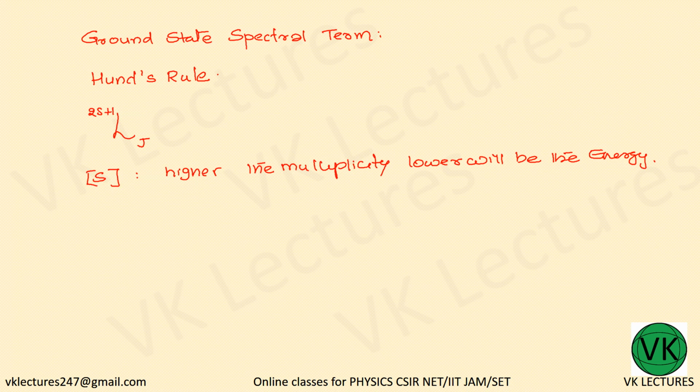Now here is a question: what if the multiplicity is the same? If S is the same, what will happen? For example, if you have 3P0, 3P1 and 3P2, which one of the given spectral terms is the ground state spectral term?